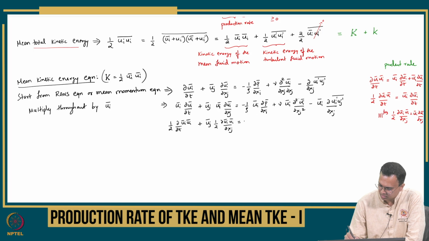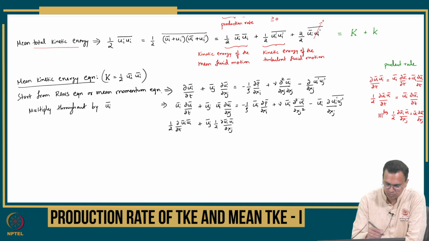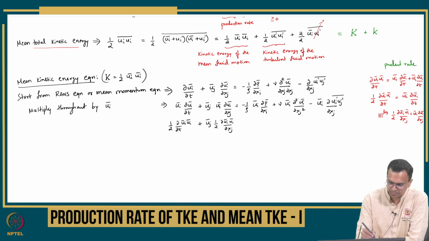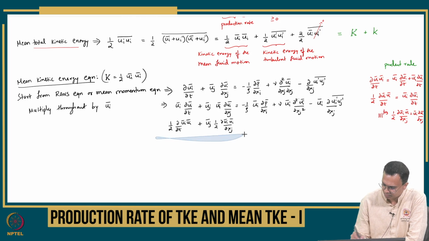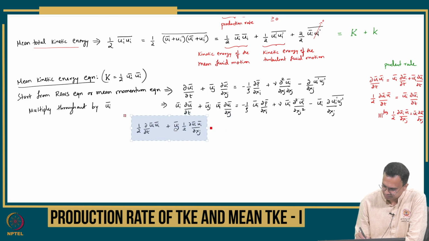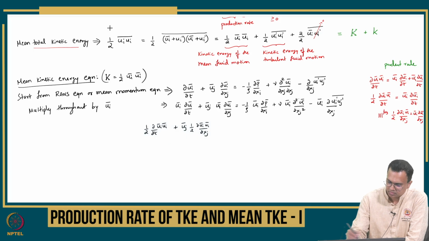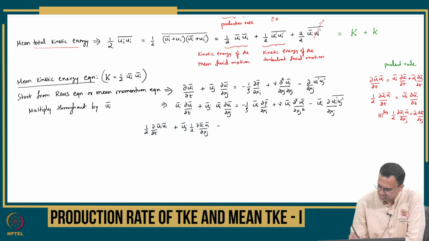The right hand side, we split this. Again using the product rule, I get minus 1 by rho. I can push the ui bar inside the derivative using the product rule.